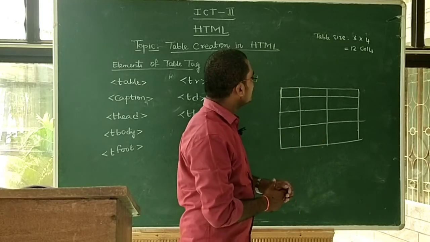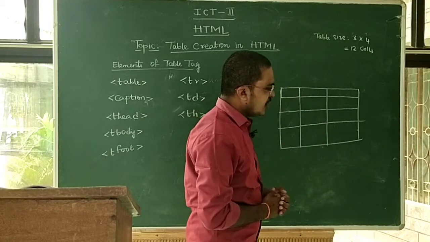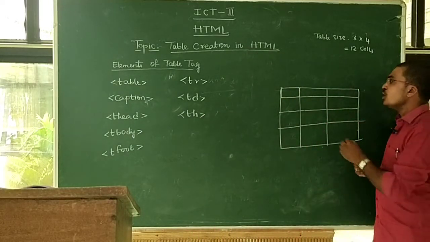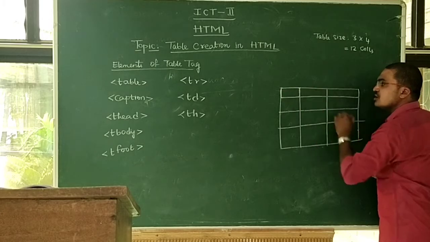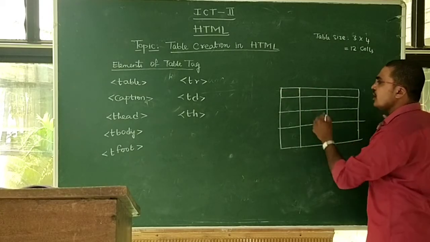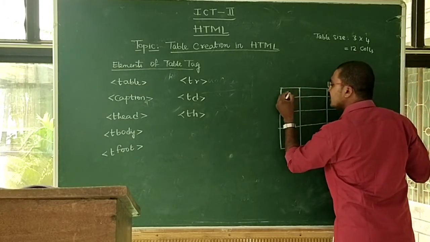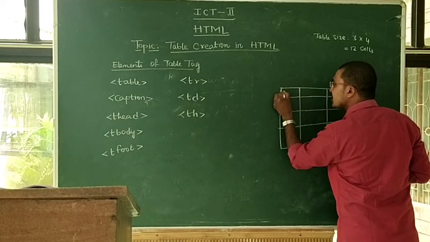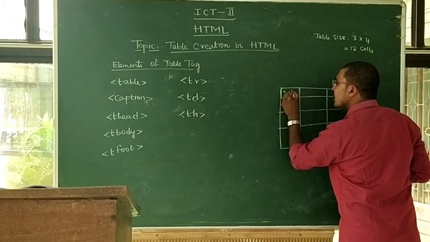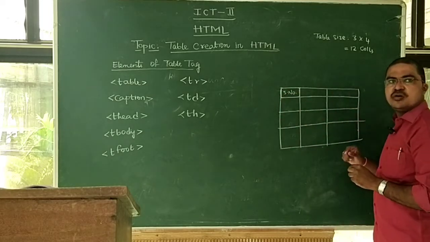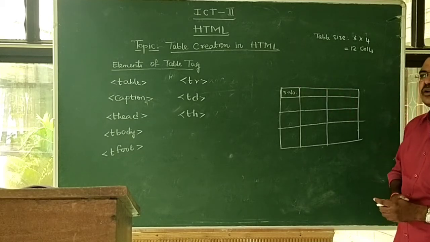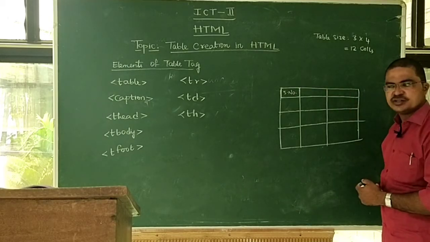Okay, once the table is created, now the table contains headings. Headings, meaning the top column headings, are basically called table headings. Okay, so if you want to enter data into the proper cell, the cell contains data according to the table heading. Our first table heading is serial number. S.NO is the serial number of the table.